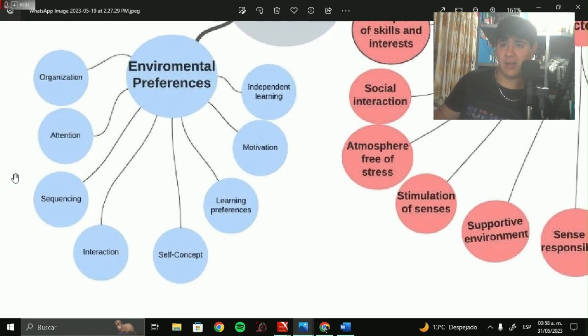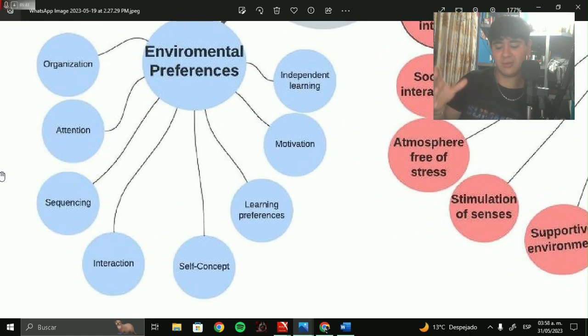So then we can talk about the attention. It is important to assess the types of tasks that can promote or indeed distract a learner. This is very important, of course. Analyze the type of task and observe how learners react. Then sequencing talks about how learners sequence information.